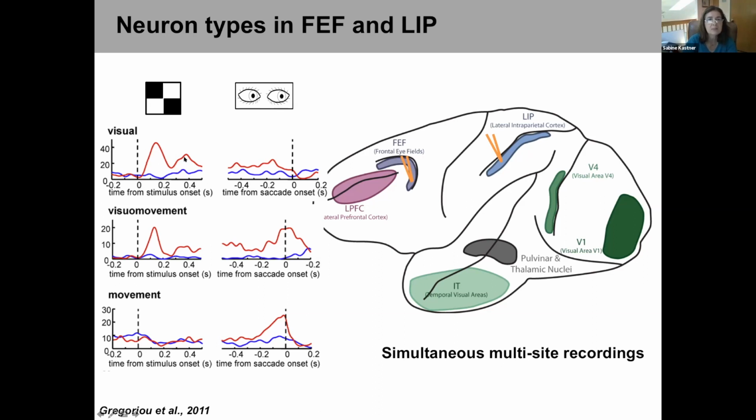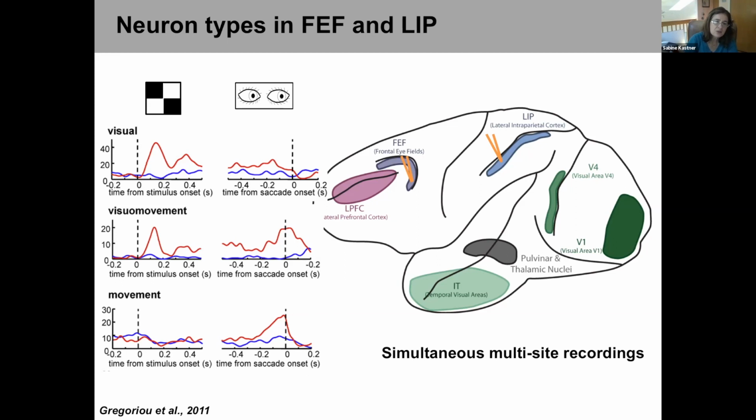Here is an example. There's a good visual response, but not a response during a saccadic eye movement. Then there's the opposite. There are movement neurons that are not responsive to sensory stimuli at all and respond only during eye movements. And then there is a mix of the two, so neurons that respond to both.